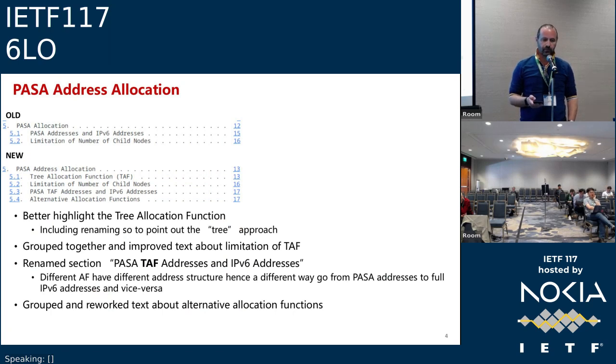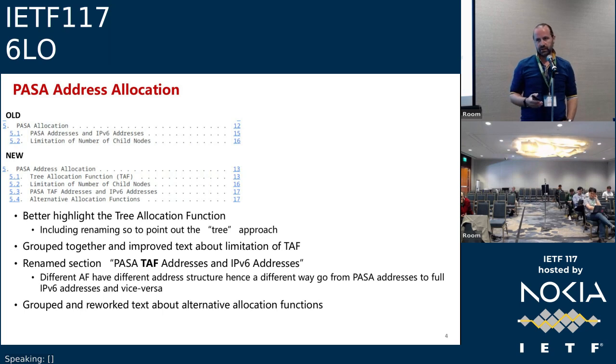For the address allocation, you see the old structure and the new structure. We tried to concentrate in one place everything that concerns allocation. We also introduced some renaming. In this document we propose one single allocation function, which is the tree-based allocation function.